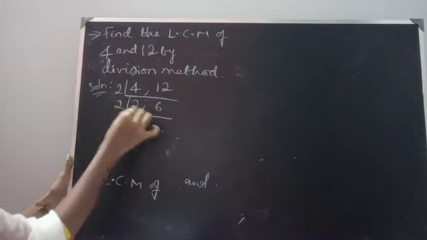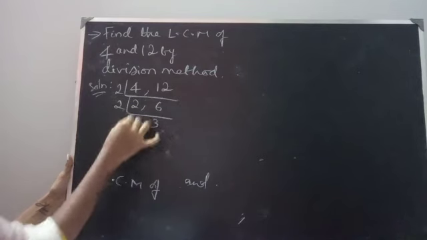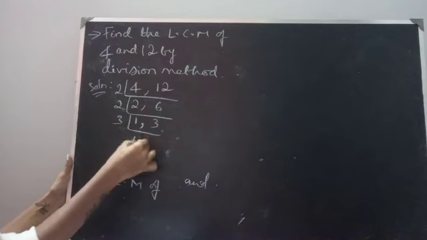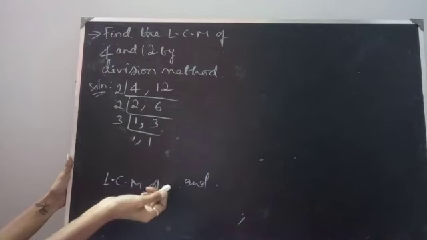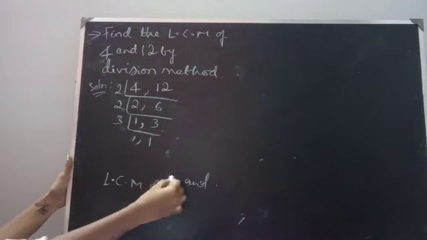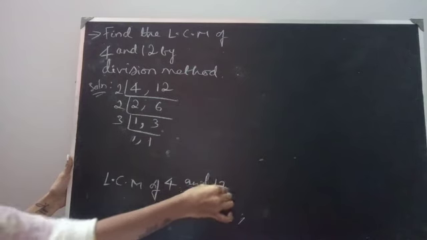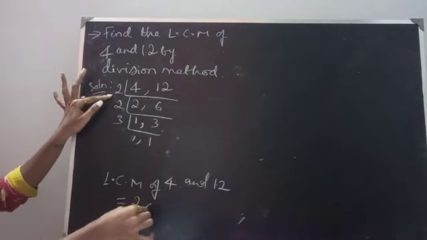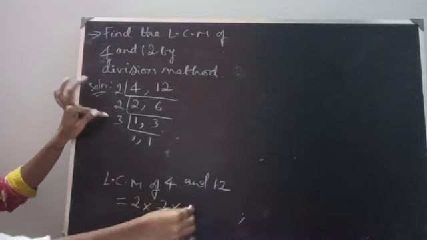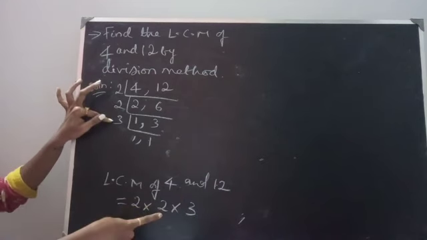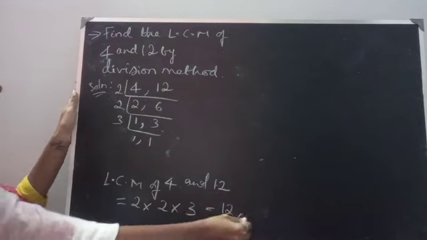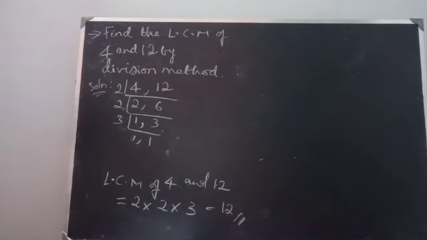Again, 2 ones are 2, 2 threes are 6. 3 is exactly divisible by 3. 3 ones are 3. So LCM of 4 and 12 is 2 into 2 into 3. 2 twos are 4, 4 threes are 12. So 12 is your answer.